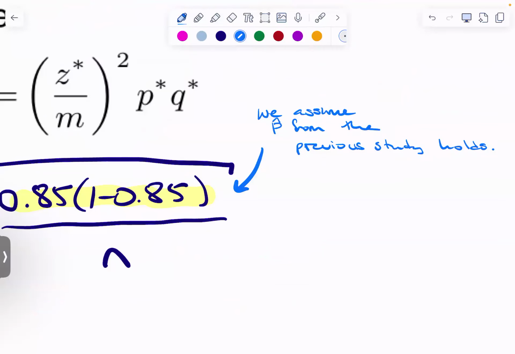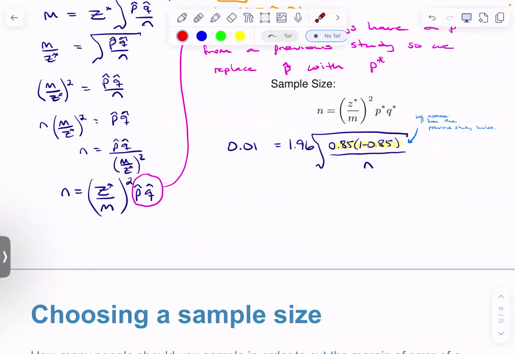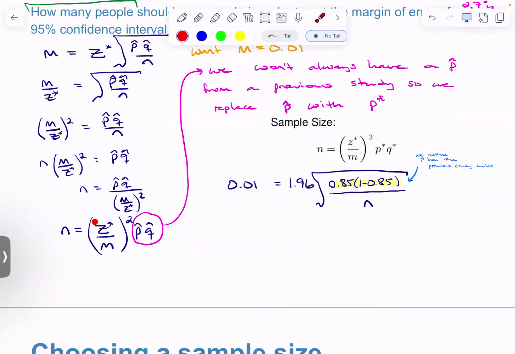So we assume that the p hat from the previous study holds. And we could do this work with numbers just to emphasize it. Or if you want to jump right in and use the formula for n, you've already seen that that's how it's derived, right? And so that's okay. That's not part of the job, but it is pretty fun to do algebra.